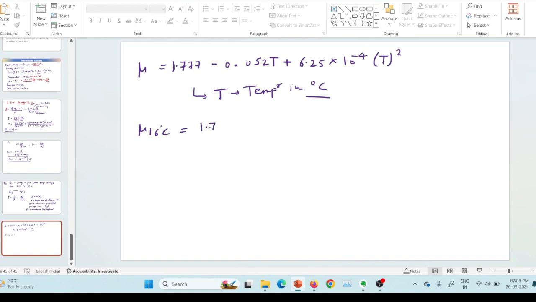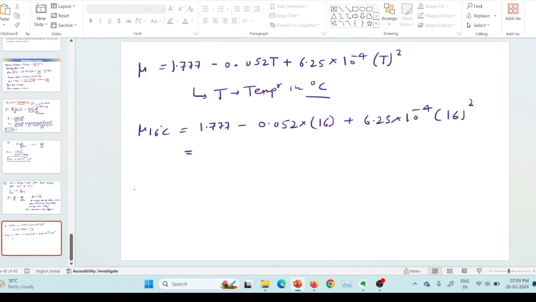It will be 1.777 minus 0.052 into 16, plus 6.25 into 10 to the power minus 4 into 16 whole square.